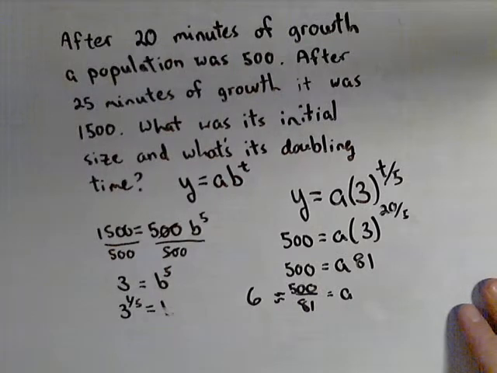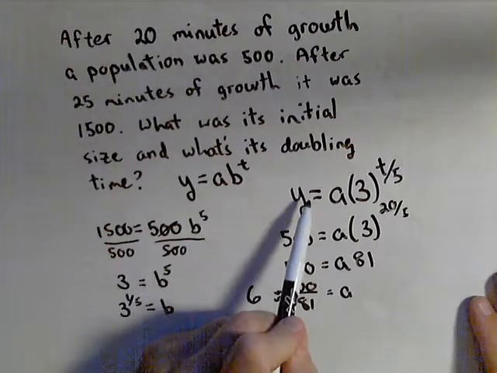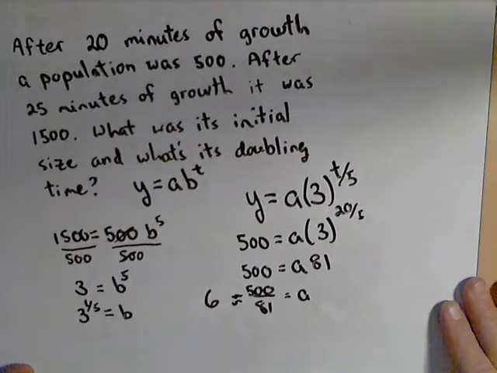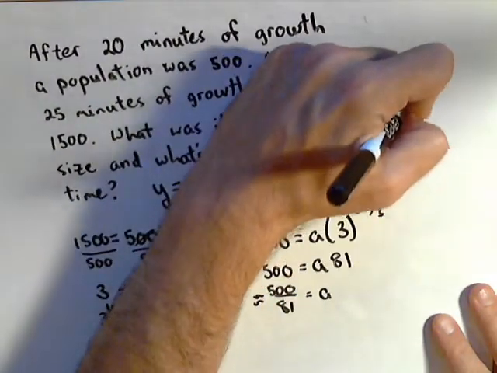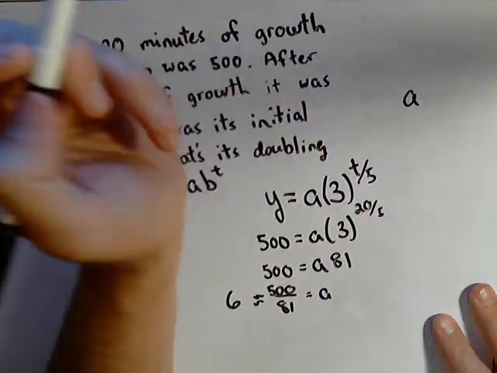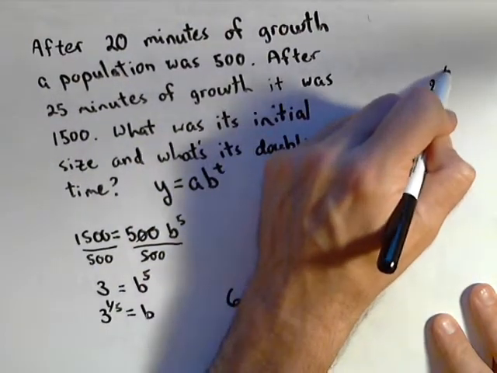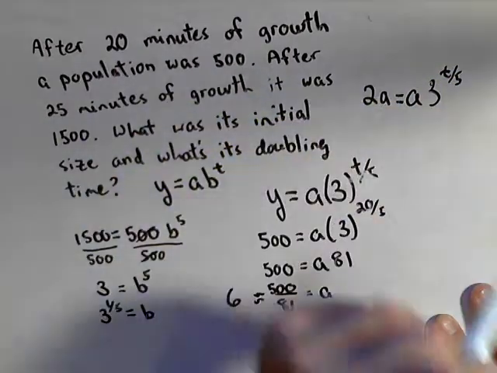Now the other thing we're asked to find is its doubling time. If you've seen some of the other videos, you know that we don't really need to know an initial amount to find the doubling time. We can go right from here. So let's do that off to the side here. I want to find when my initial value of a times 3 to the t over 5 is going to be equal to 2a.